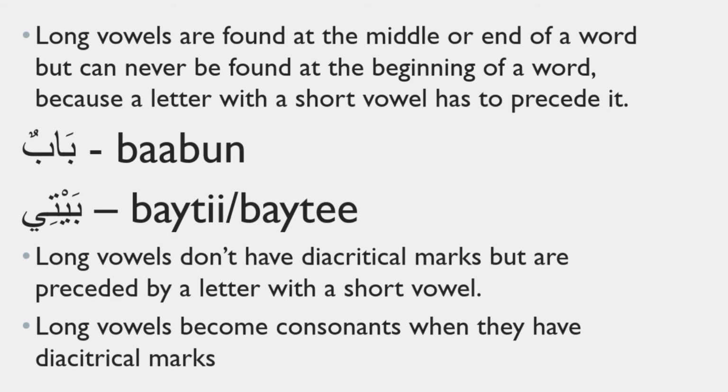It's either at the middle or at the end. It can never be at the beginning because when mad is at the beginning, you won't be able to pronounce the word. When it is in between a word or at the end of a word, you'll be able to pronounce it in those cases. But when it is at the beginning, you won't be able to pronounce it.